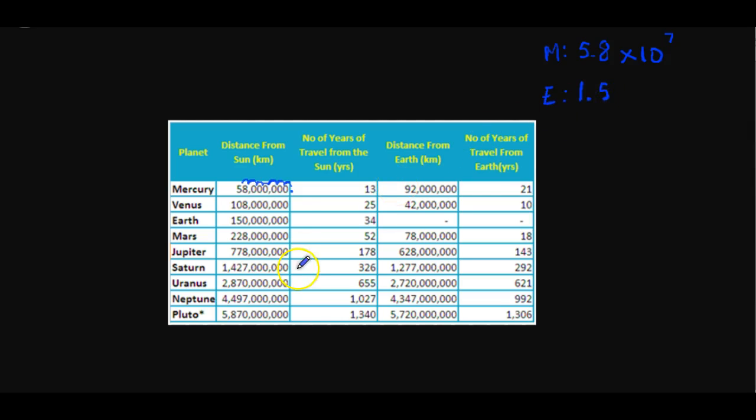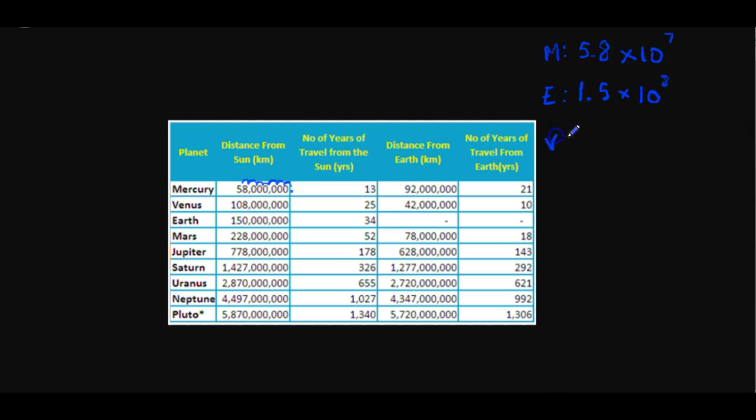I might do Venus next actually. I was going to explain Venus, but I might do Venus with you. So 1.5 times 10. How many spots has it moved? I don't need to count because they're in groups of 3. So 3, 6, 7, 8. 1.5 times 10 to the power of 8.